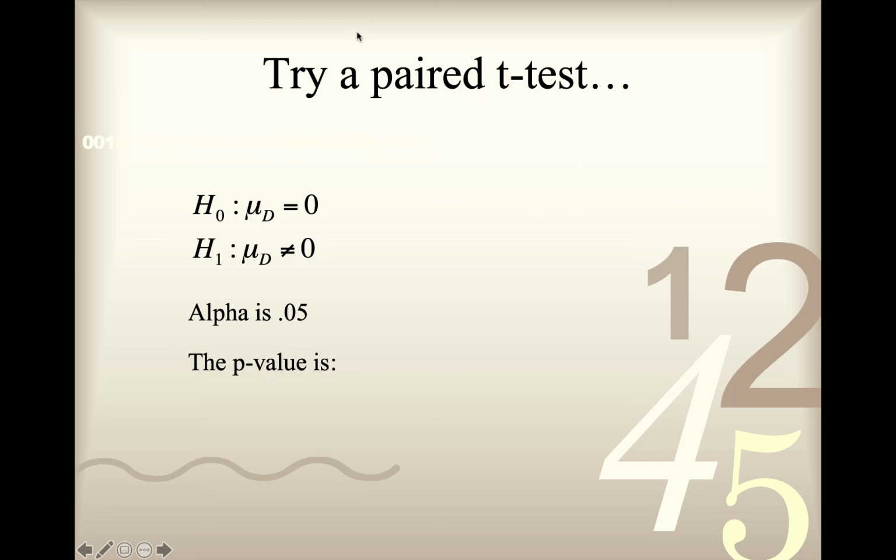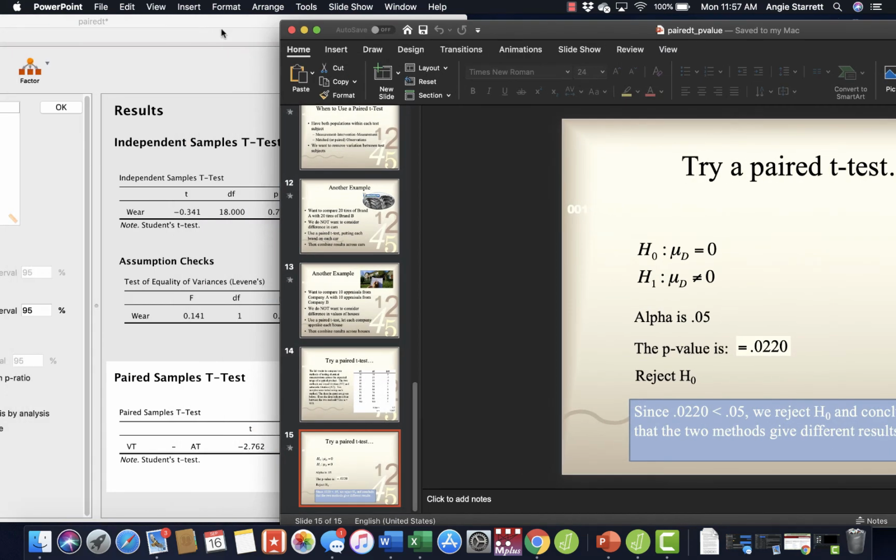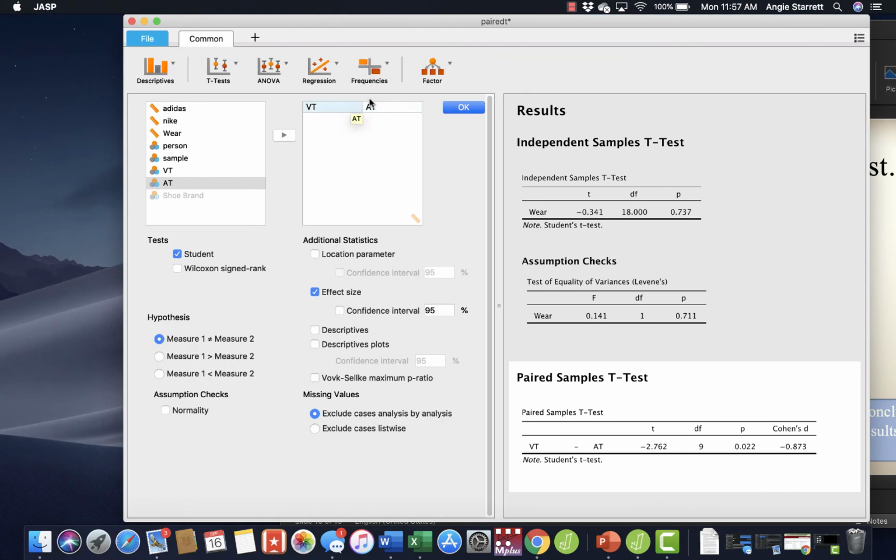So here we put VT in first and then AT. All right, and so our difference would be VT minus AT. All right, if we put in AT first and then VT, our difference would be AT minus VT.